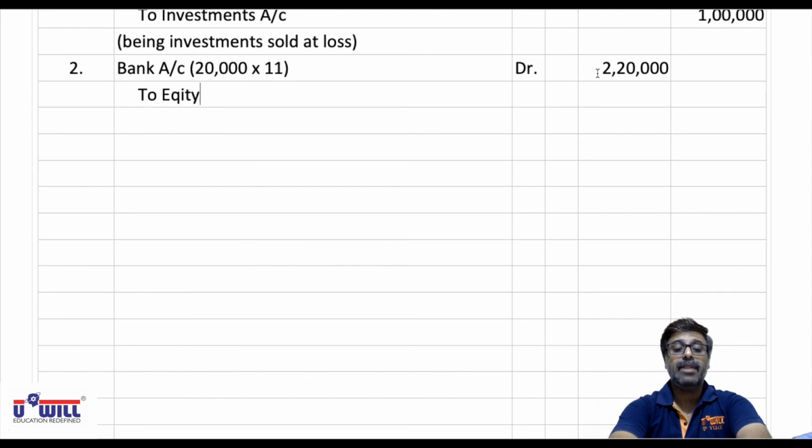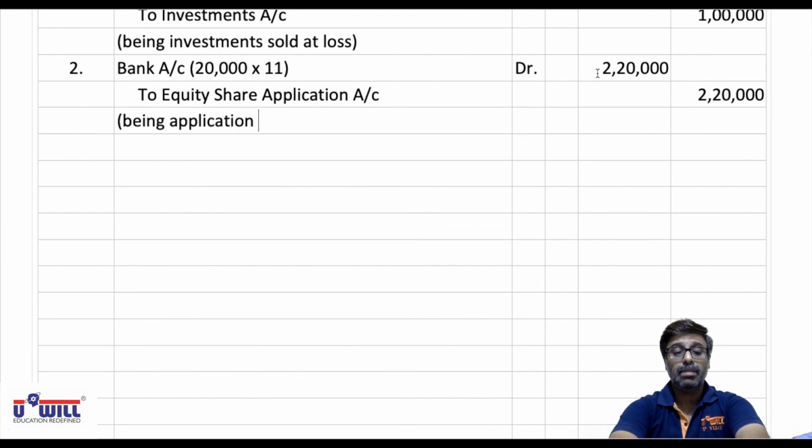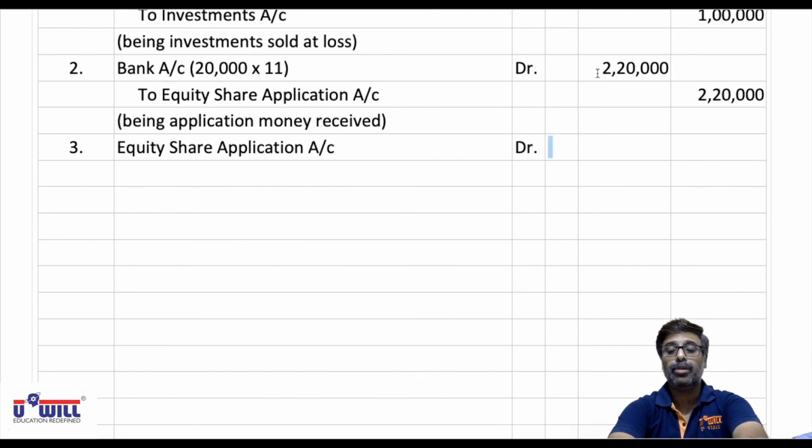And temporarily we will transfer the money to equity share application account, 2,20,000. Being application money received. And then the third entry: equity share application account, you will reverse and debit to close it with the full amount of 2,20,000, to equity share capital account with face value.